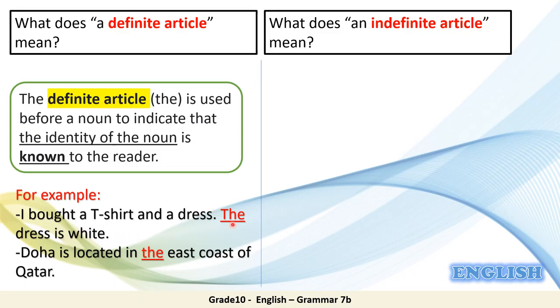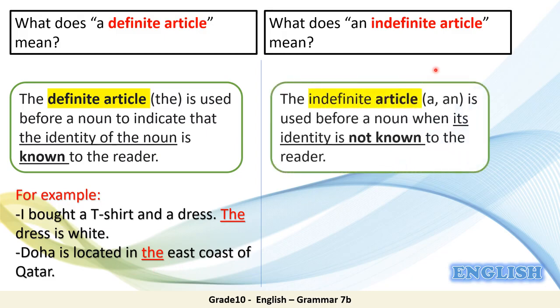Why? Because the dress has been mentioned before in the previous sentence, so it has become known to the reader which dress I'm talking about. It's the dress that I bought. Number 2. Doha is located in the east coast of Qatar, and it's a very known place, so we use the.